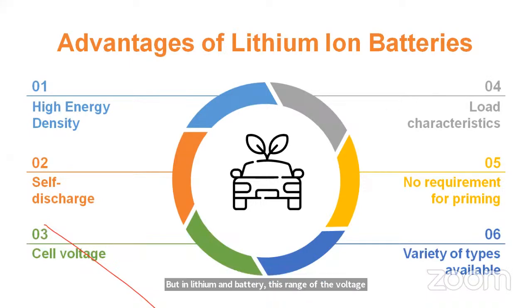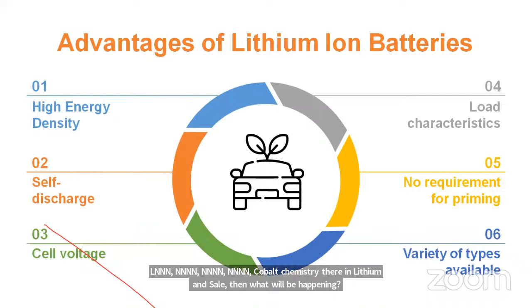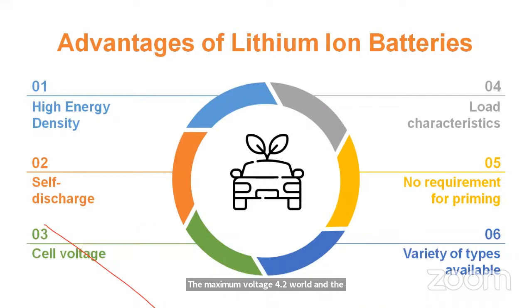For example, I have an NMC chemistry, lithium nickel manganese cobalt, in a lithium-ion cell. Then what will be happening? The maximum voltage is 4.2 volt, the nominal voltage is 3.6 volt, and the lowest voltage is 2.8 volt. So the voltage range is from 2.8 volt to 4.2 volt.